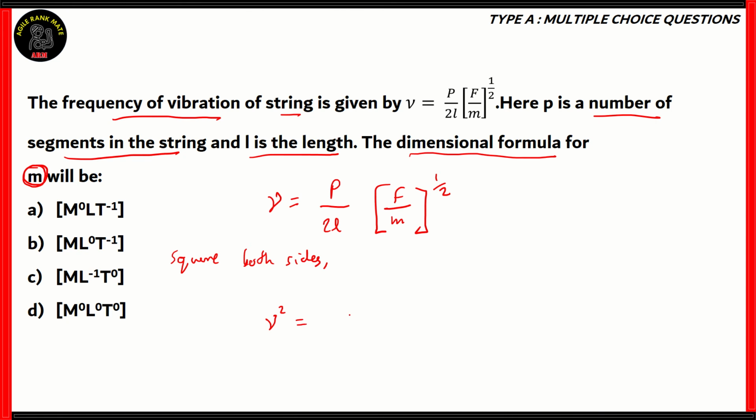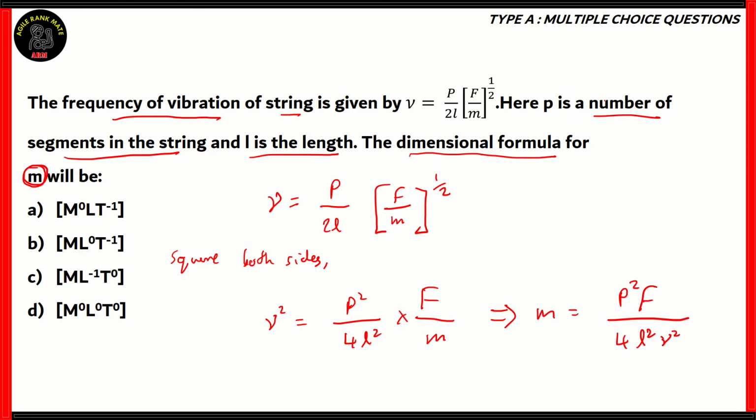So nu squared equals p squared over 4l squared multiplied with force over m. Now, we need to find the dimensional formula for m. All we have to do is take m to the left-hand side and every other quantity to the right-hand side of the equation. So m goes to the left-hand side. The numerator will be p squared f, and the denominator will be 4l squared nu squared.